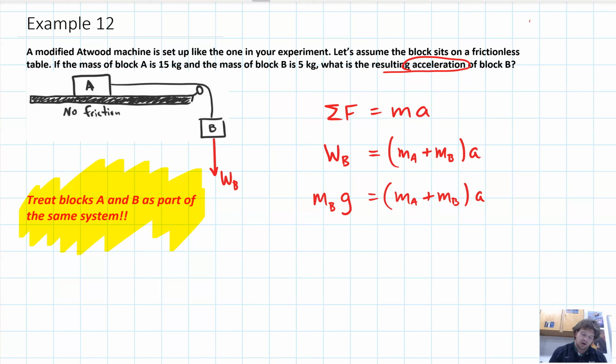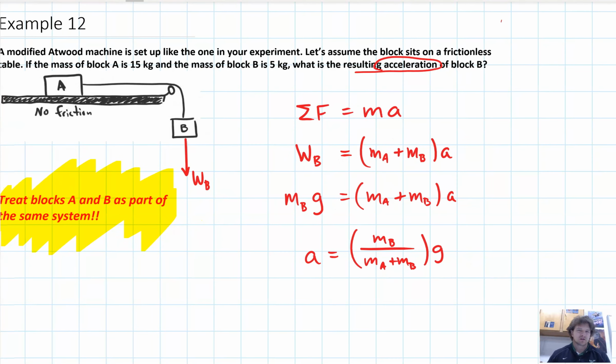So when I solve for a, I end up with mass of B on top, mass of A plus mass of B on the bottom. All of that is being multiplied by the pull of gravity. It's written like that in those parentheses and stuff just to look nice and clean.